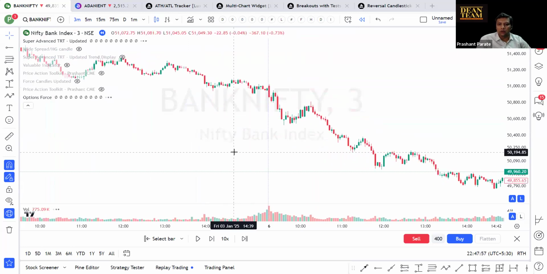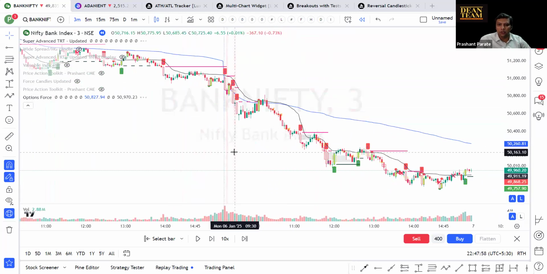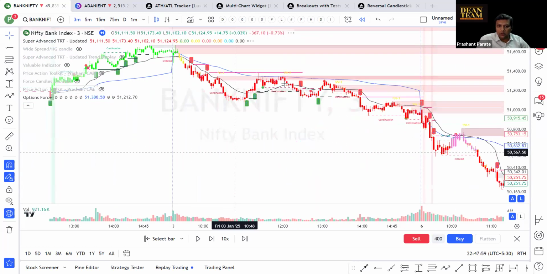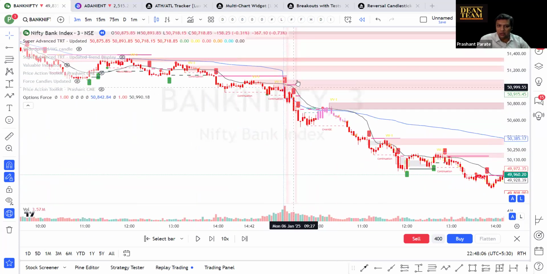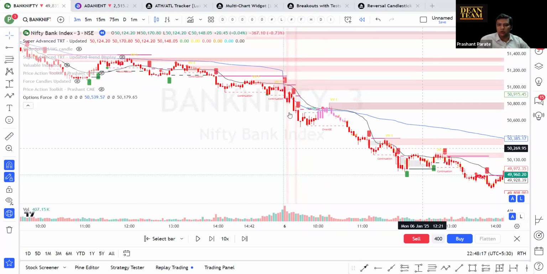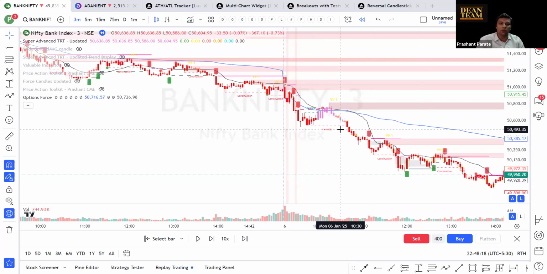So that got a good opportunity to sell short based on the 5-minute chart, and based on the 3-minute chart we can see this is the strong selling, this is another strong selling candle. I'm going to tell you what this selling opportunity is, how to take that. So this tool will be used only on 3-minute. It will not be used on 5-minute.